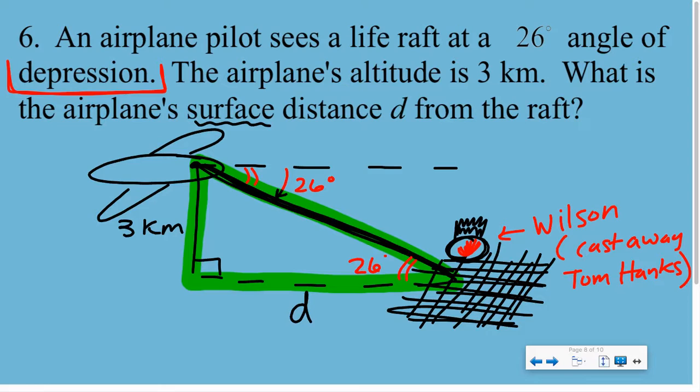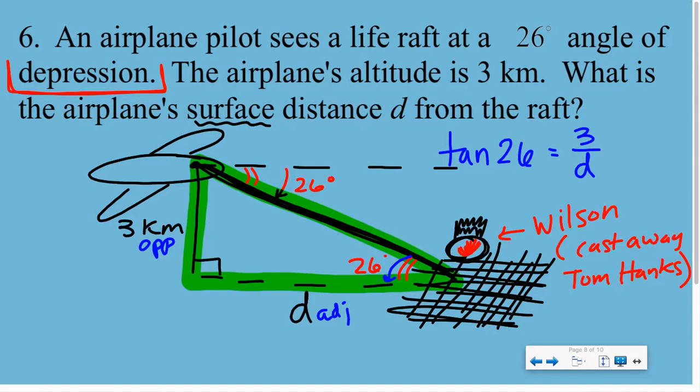So now in reference to the bottom 26, is 3 opposite, adjacent, or hypotenuse? Opposite. What about D? Adjacent. So which trig function should we use? Tangent. Good. The tangent of 26 equals the opposite, 3, over the adjacent, D. You agree with that equation? Okay. Cool.